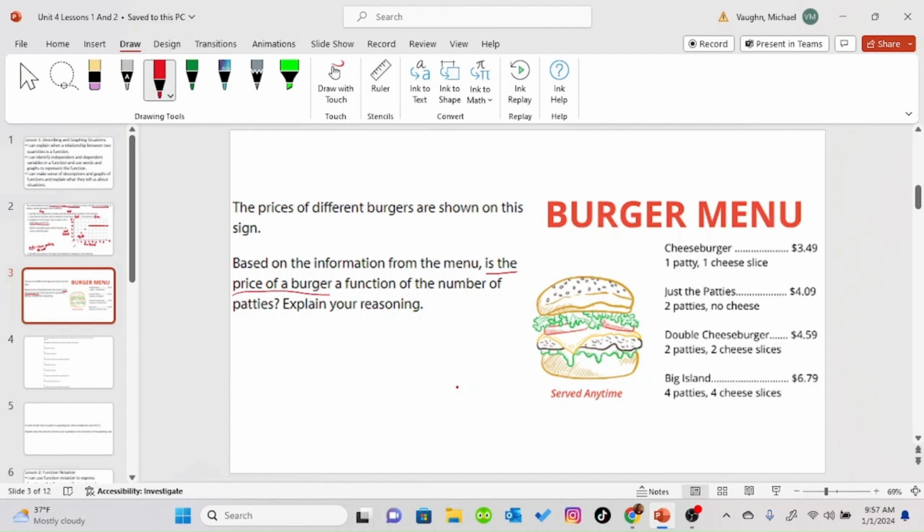This is the output or the Y value. A function of the number of patties. So because this comes after "a function of," this is my independent variable or my X value.